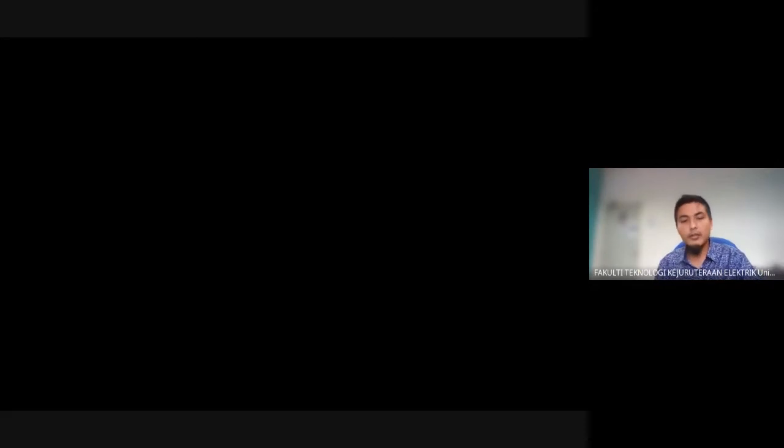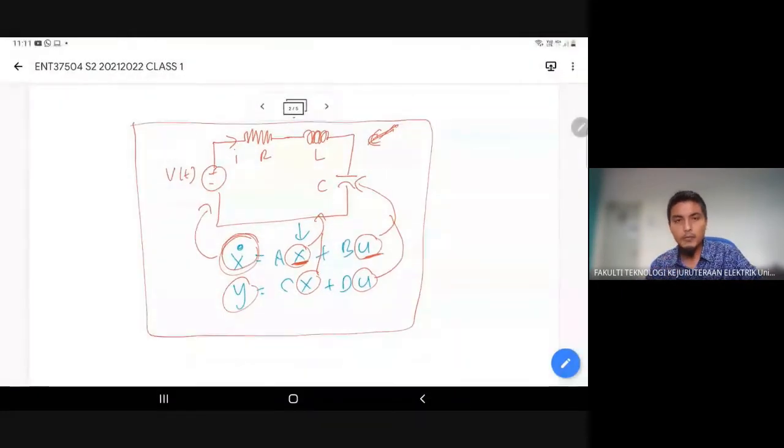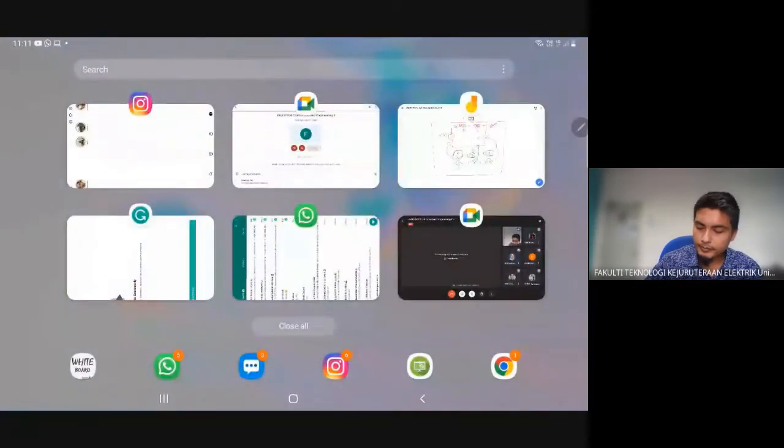Where is the button? Okay, then I will share the table.